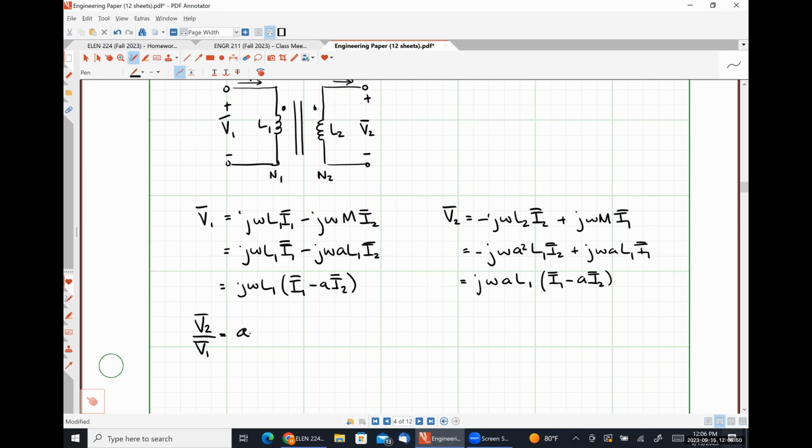Which means for a transformer, an ideal transformer in particular, where the dots are located on the same side, the voltage on the secondary coil is just a times the voltage on the primary coil. Every time. The voltages are related to each other by the turns ratio.